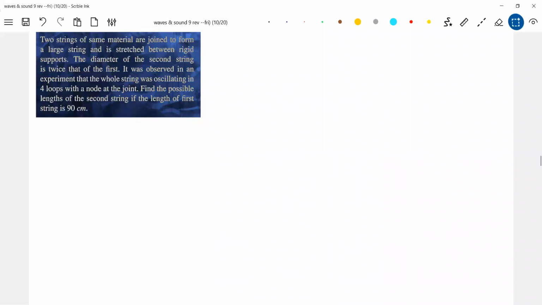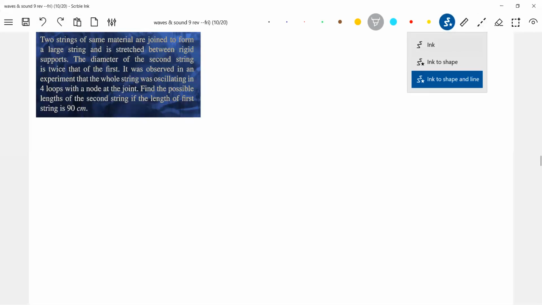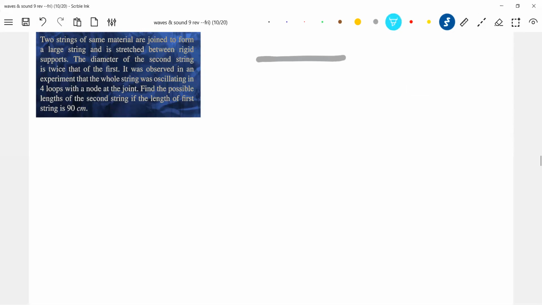Read it. Two strings of the same material are joined to form a single string and stretched between edges.